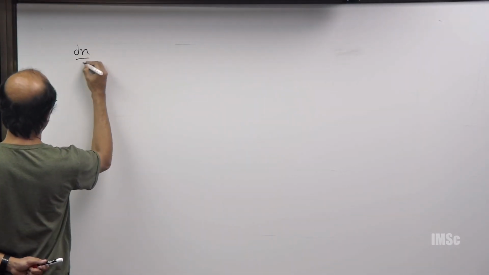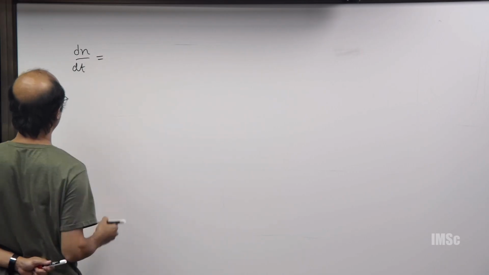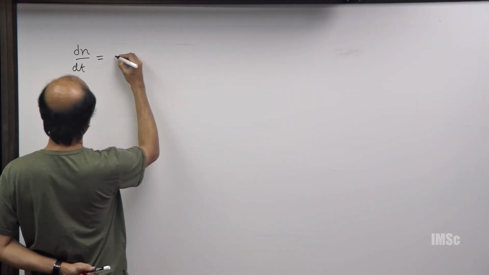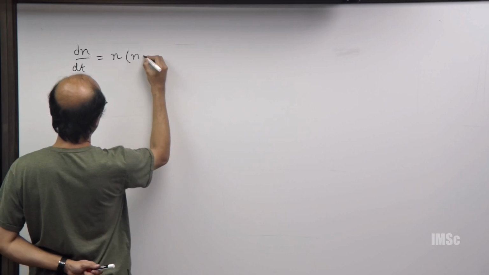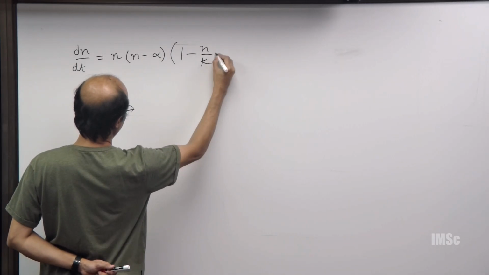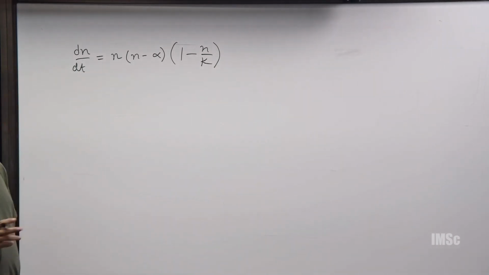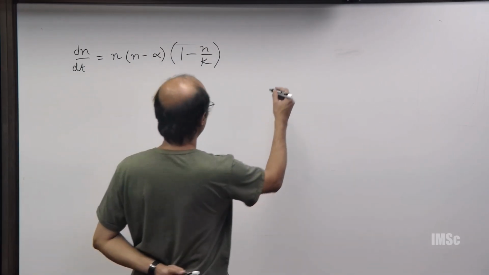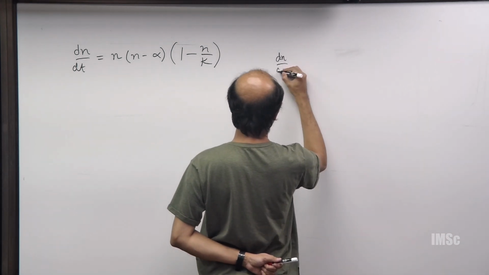Okay, so again sticking with my population example, let me now show you an equation which looks like this. Can anyone guess what this is describing? First of all, what does the dn/dt look like?